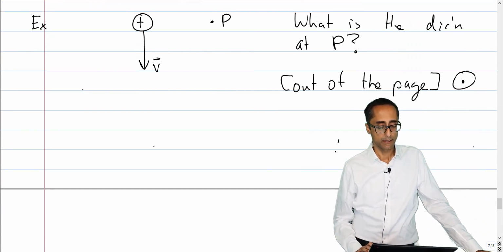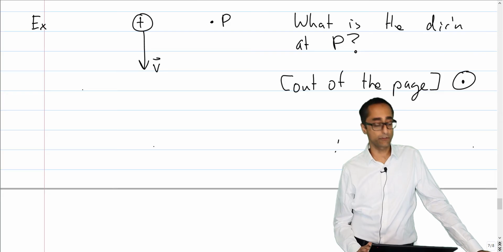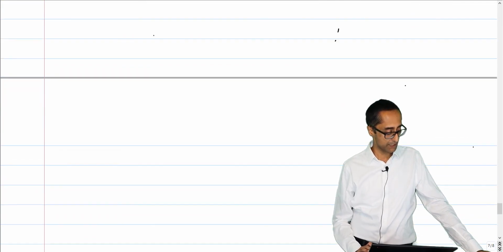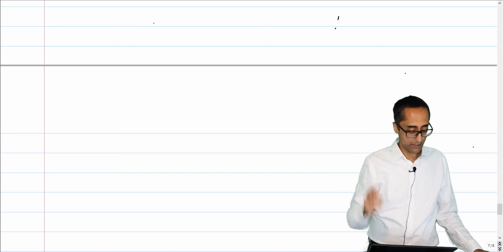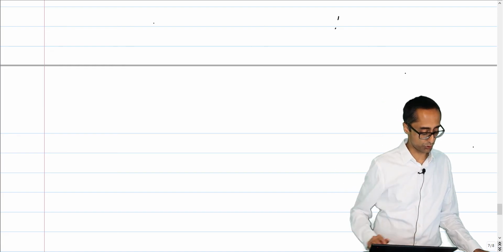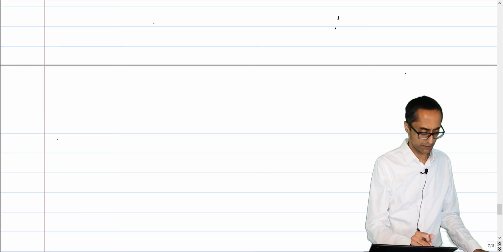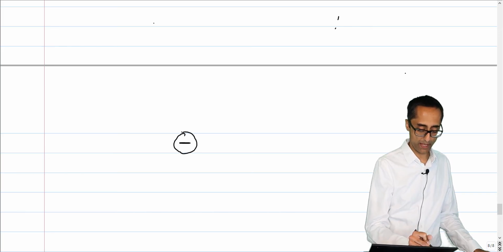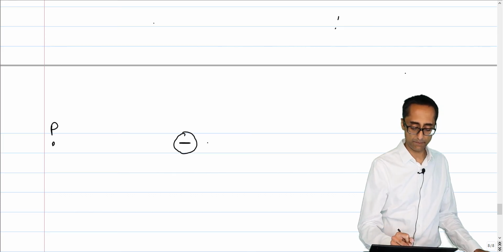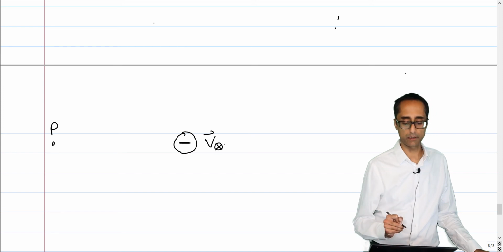All right, let's give one more, and I'd like you to try this one by pausing the video and giving it a shot. And don't worry, there'll be lots and lots more opportunity for you to try these problems. Let's say I've got myself, this time, a negative charge. We're going to have our point here, P. And I'm actually going to have my velocity go into the page, like so.